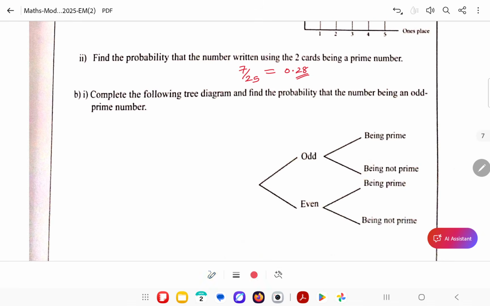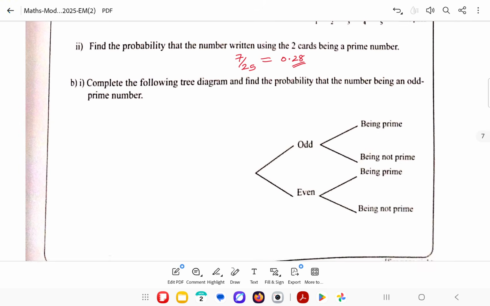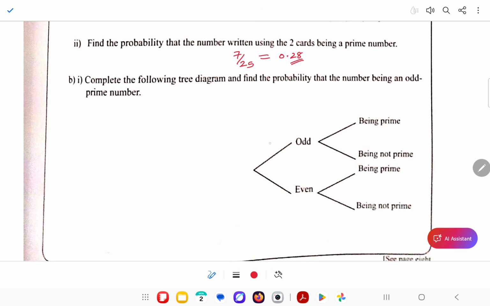How many odd numbers? 1, 3, 5, 15 odd, 10 even, 12, 14, 22, 24, like that, 20, 32, 34. Yeah, so 10 even, 15 odd. So odd is 15 over 25, so 3 over 5. Even is 2 over 5.